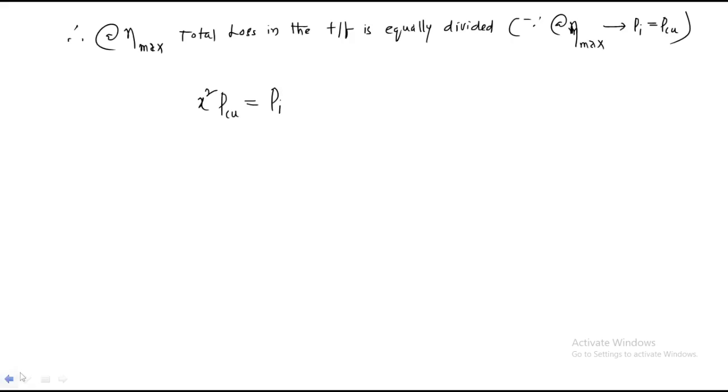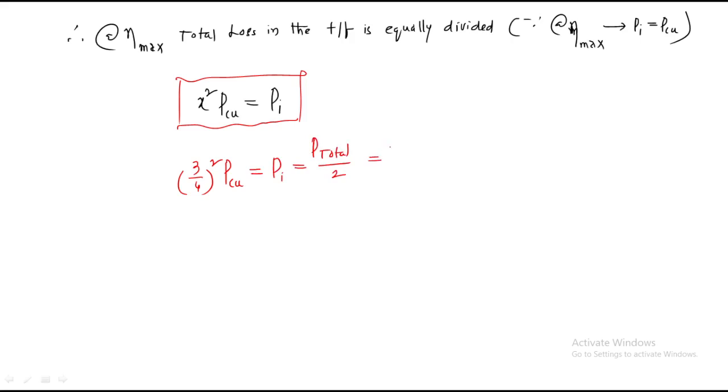That is (3/4) whole square of PCU, which is equal to Pi, which is equal to P total by 2. What is P total? 11.6 by 2, which is equal to 5.8 kilowatts.